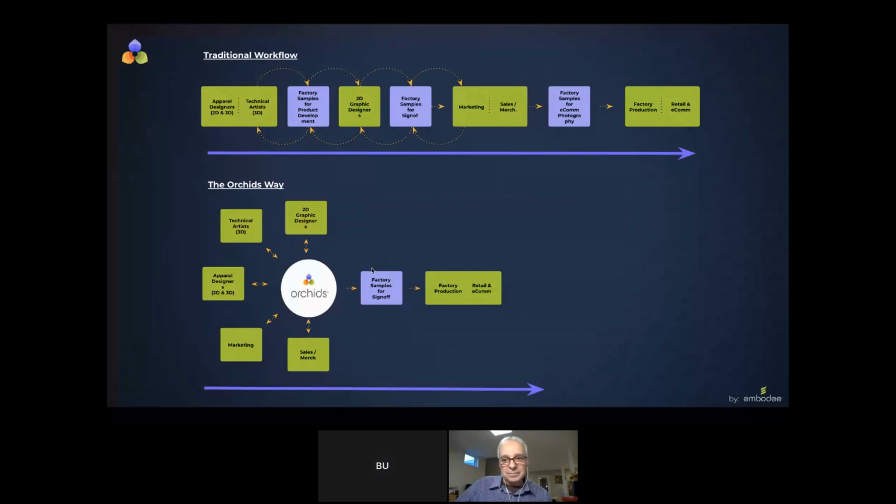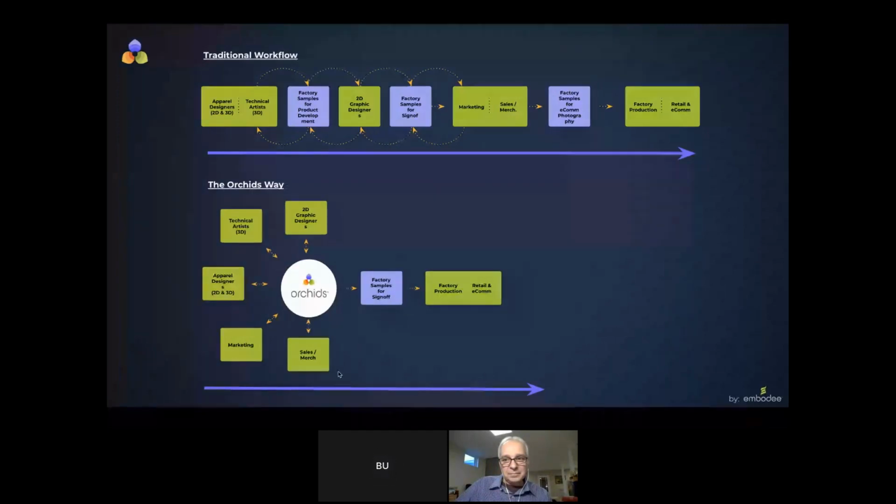Once that artwork is completed, I then need to create line art, which is yet another step that's a bit laborious and time consuming. Then another factory sample is produced, and that goes to marketing, merch and sales. If they're not happy with that, we have the potential to go back one, two, three steps further and create another round of samples.